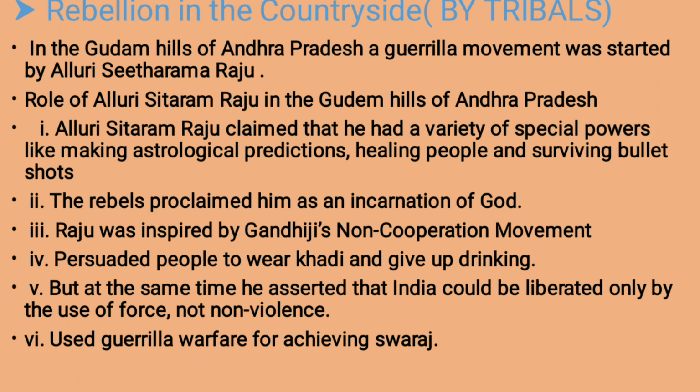First, Alluri Sitarama Raju claimed that he had a variety of special powers, like making astrological predictions, healing people, and surviving bullet shots.